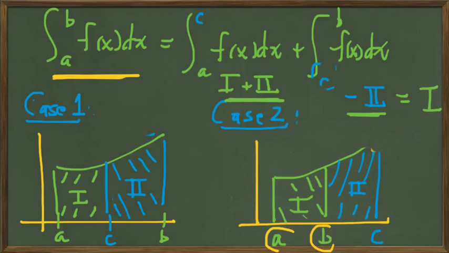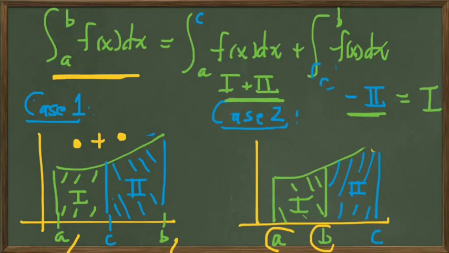So summarizing, in case 1, this theorem is proven because this region's area plus this region's area equals the area from a to b. So these two things added together are the right side, and the left side is a to b.